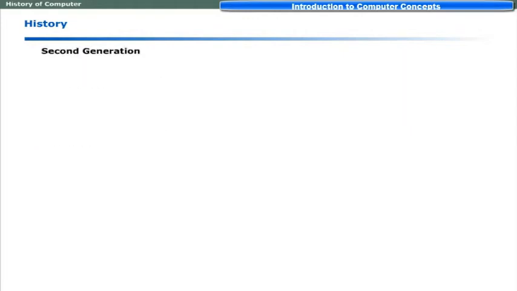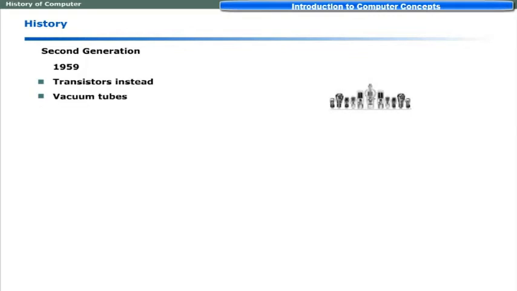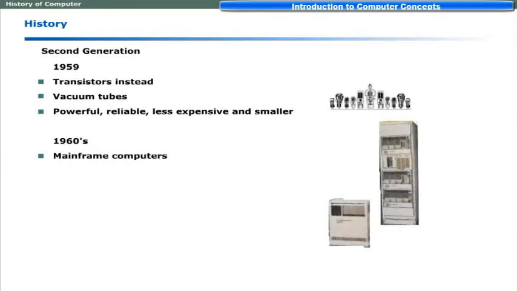Second-generation computers were introduced during 1959. These were built using transistors instead of vacuum tubes. These computers were more powerful, reliable, less expensive, and smaller in size than their predecessors. Until the early 60s, only large companies were producing mainframe computers.